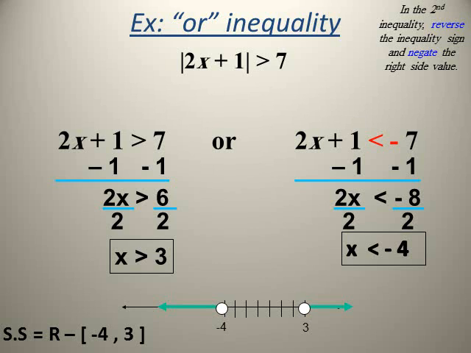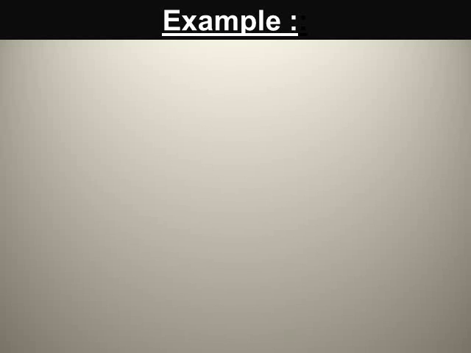Absolute 3x minus 2 plus 3 greater than or equal 11. First, find the value of the absolute. It will be absolute 3x minus 2 greater than or equal 11 minus 3. That means 8. That means 3x minus 2 greater than or equal 8 or less than or equal negative 8. Solve the inequality for x. First case will be 3x greater than or equal 10.